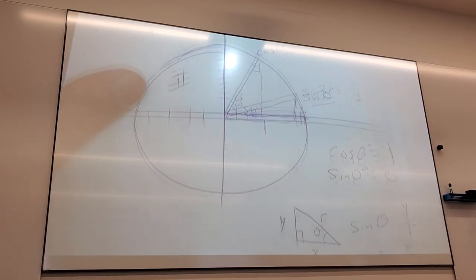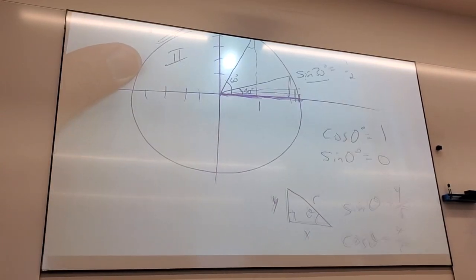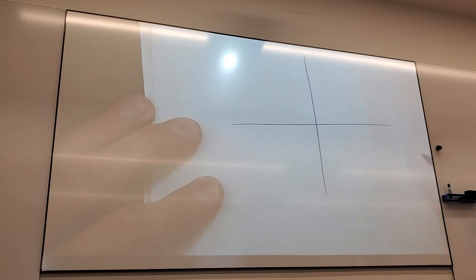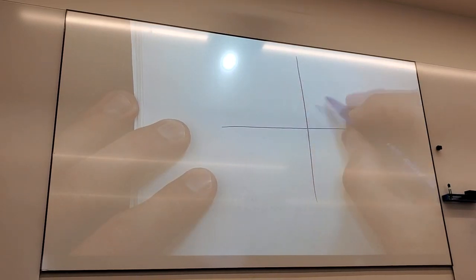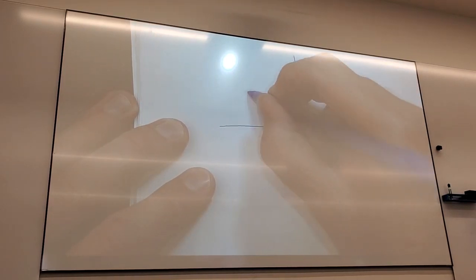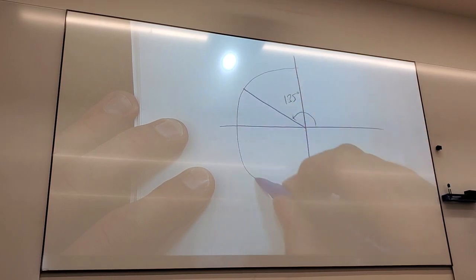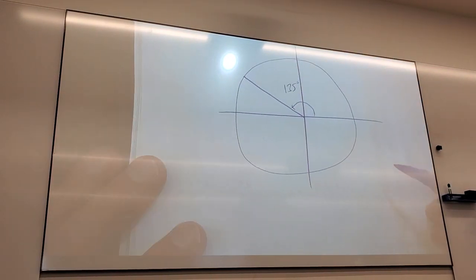So let me show you an example in the second quadrant. So let's say I'm at 135 degrees. So I'm in this unit circle. Oh my God, that's the best circle yet.